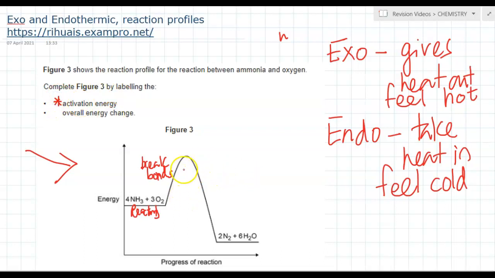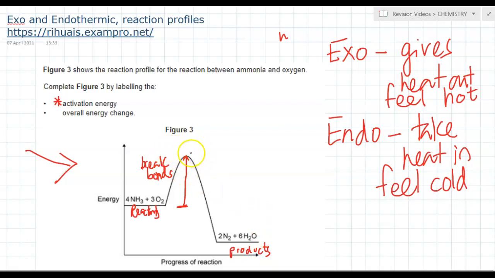So in this diagram, the activation energy is the amount of energy between the peak of that hill and the position where the reactants are. Okay, so the activation energy is how much energy this stuff here, ammonia and oxygen, have to get in order to react and become these products down here.